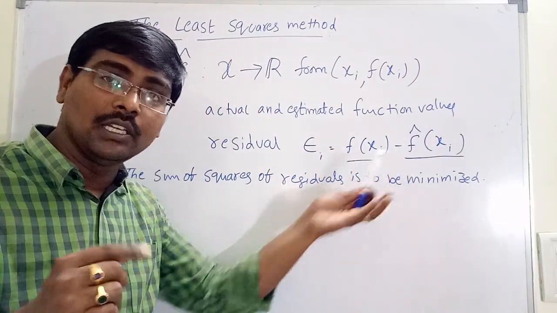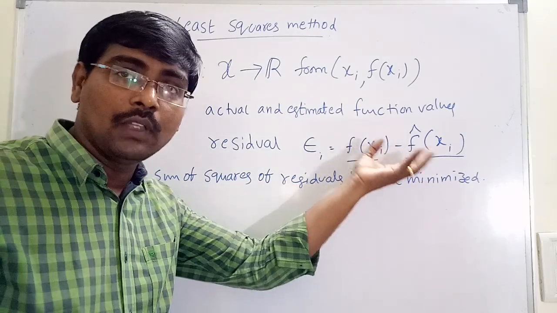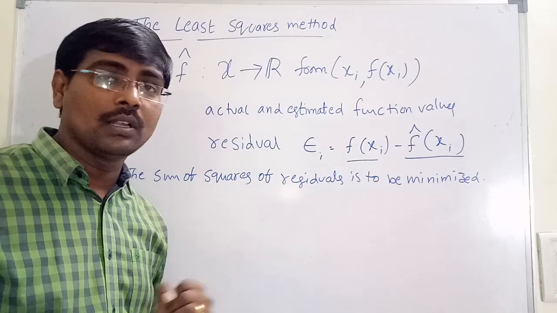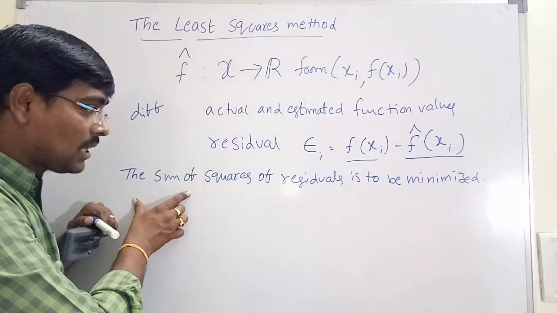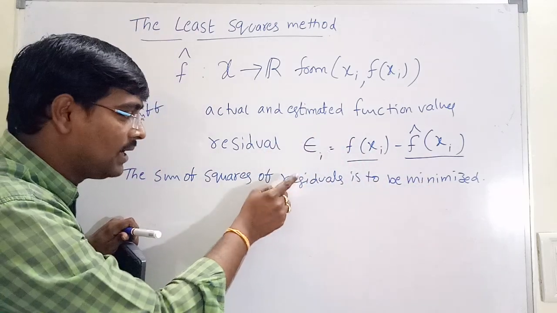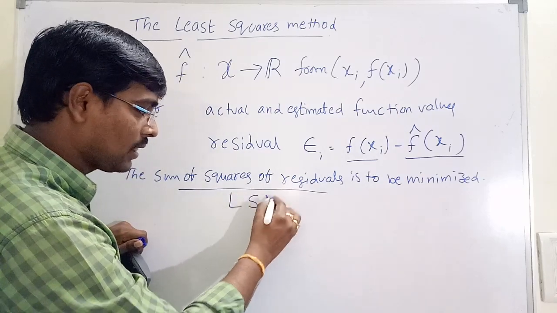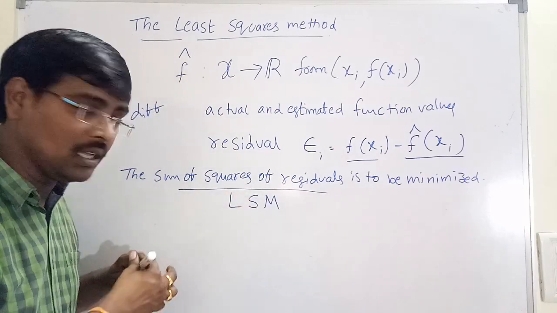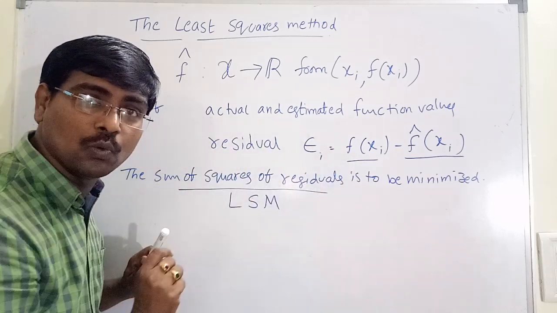If the difference is very low, it means we have accurately estimated the value. If the difference is high, the accuracy of estimation has failed. So minimizing the sum of squares of residuals is called the least square method.